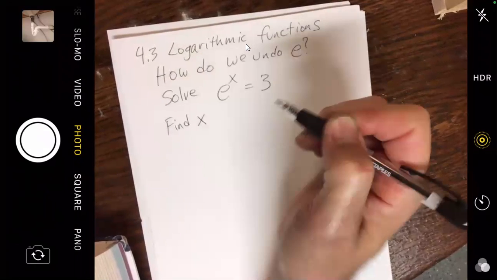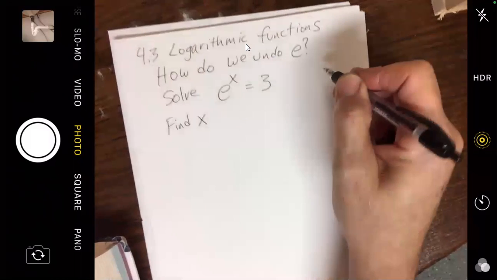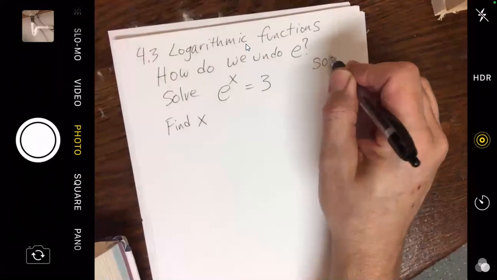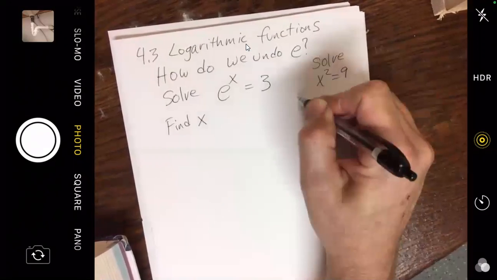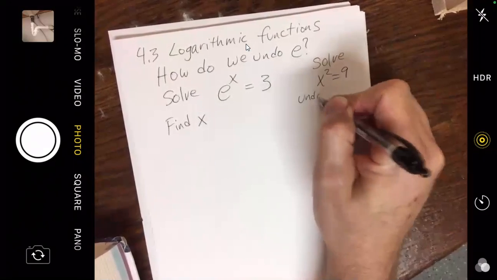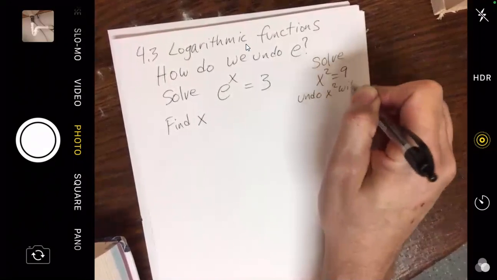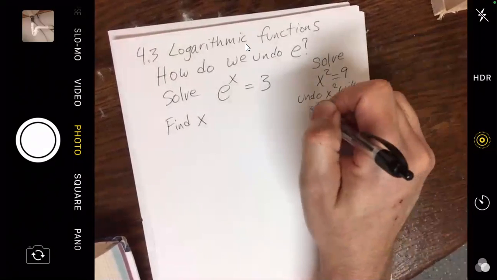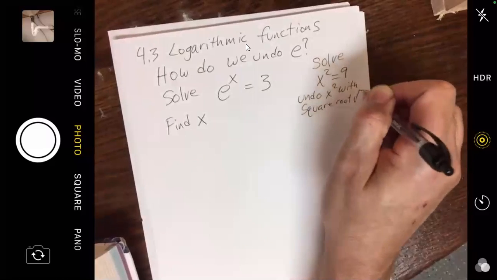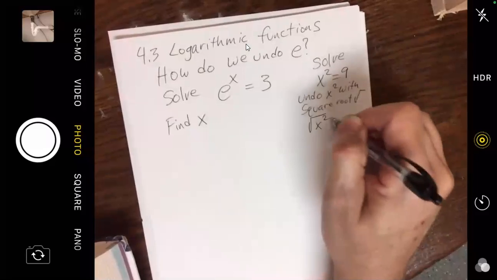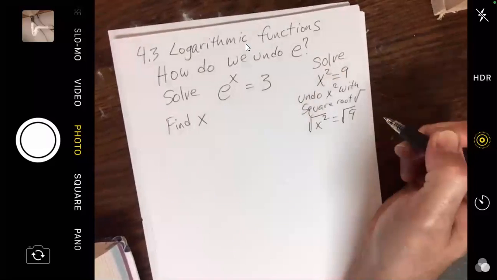Now, if I wanted you to solve, say, x squared equals 9, you would undo it with the square root. So you do the square root of x squared, the square root of 9.